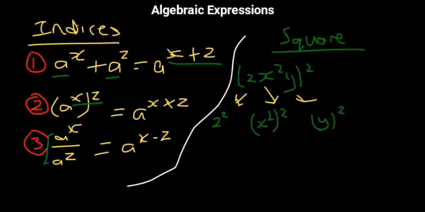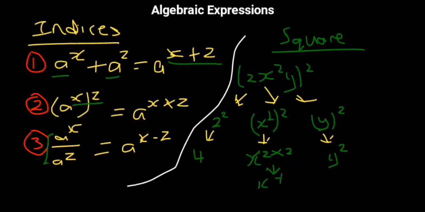We're now going to simplify those steps as simply as we possibly can. We now have 2 squared, which is equal to 2 times 2, 4. We have x squared to the power of 2, and from what we know from indices, that is x to the power of 2 multiplied by 2. And then we have y squared, simple. We've already simplified our 4, so we can simplify our x squared to the power of 2 a little bit more.